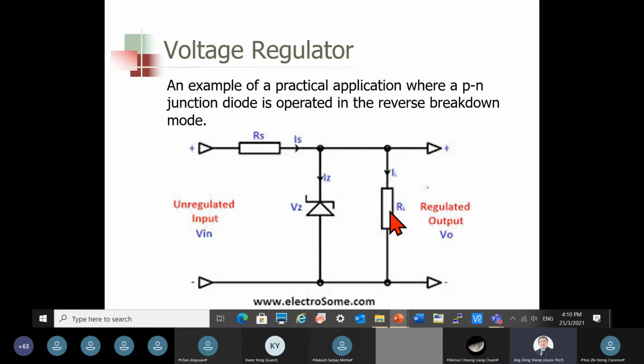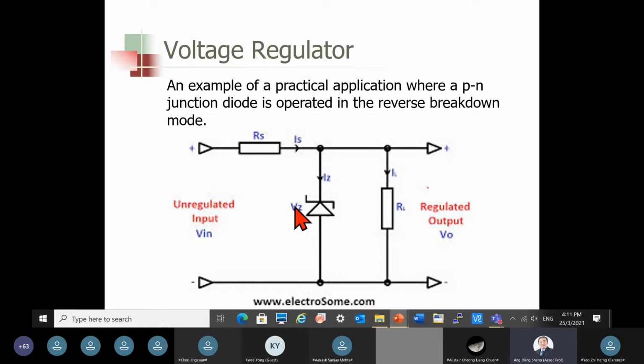The purpose of the voltage regulator is to ensure that the voltage applied across a load is as constant as possible by smoothing out the fluctuation in the incoming voltages. Essentially, on the left, you see the unregulated input. The voltage here can fluctuate with time. If we connect the Zener diode in this manner, we can ensure that the voltage that appears across the load will be kept to a very constant value.